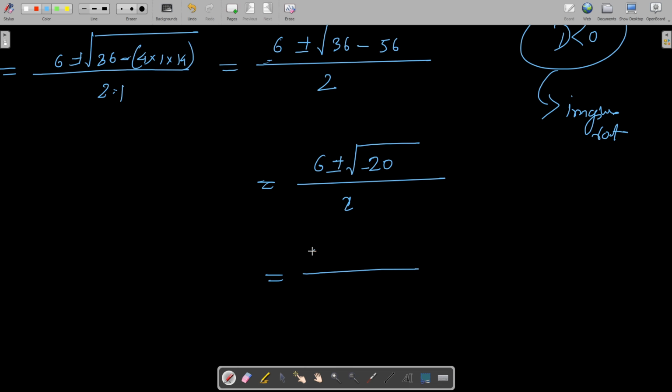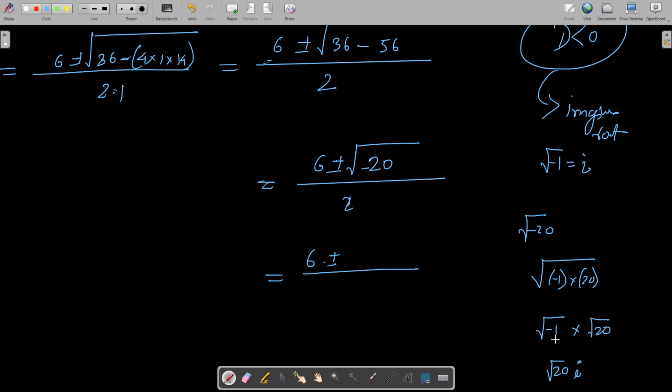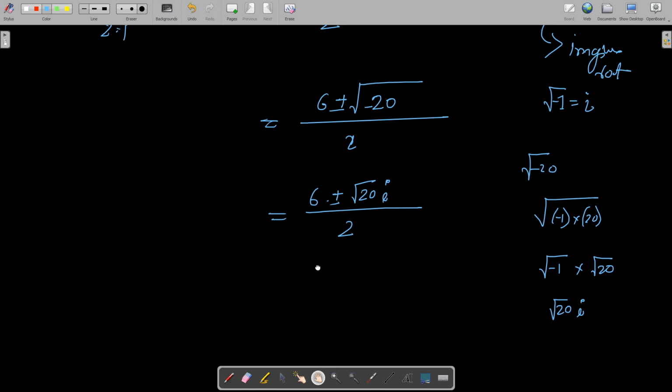Now here we can do a little simplification. Let's see how. Under the root, in place of minus 20, can I write it as minus 1 into 20? Or simply put, it will be minus 1 under root 20, right? And this minus 1 is an imaginary number, represented by i. So what can I write? I can write it as root 20 i. So here I can write 6 plus minus root 20 i divided by 2. i is an imaginary number which is under root of minus 1.